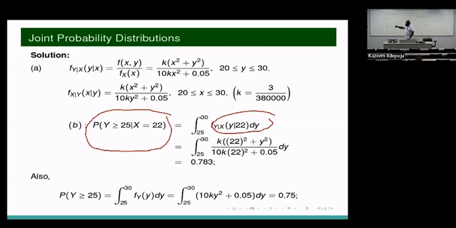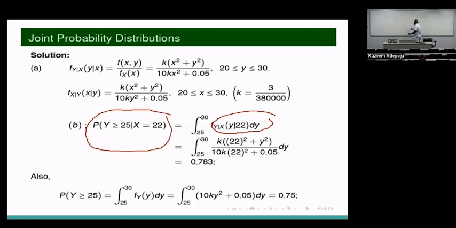The f of y given x equals f of xy divided by f of x.